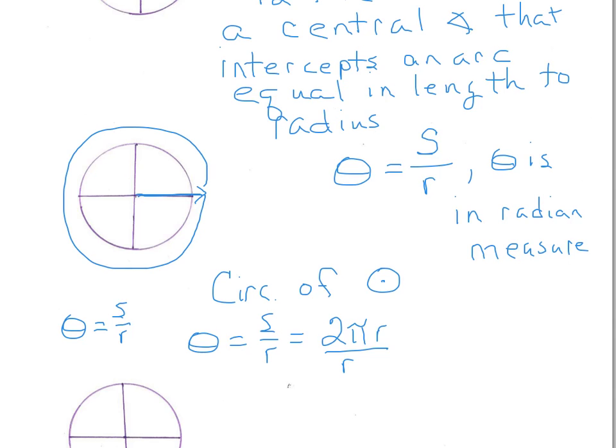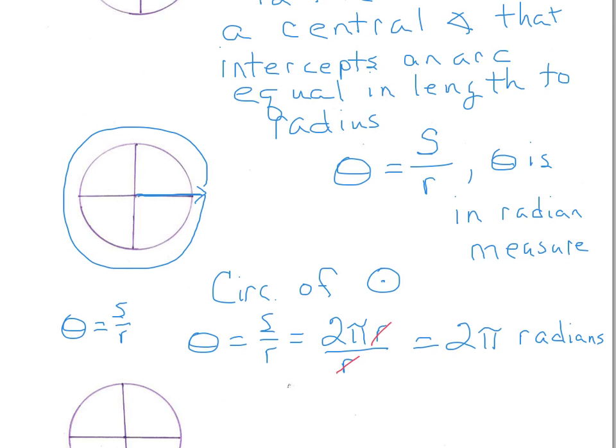Notice here, these are going to cancel out. And for that complete circle, theta is equal to 2 pi. One complete revolution in radian measure is 2 pi. And you can put 2 pi radians. Usually you won't see the word radians, but that is radian measure.